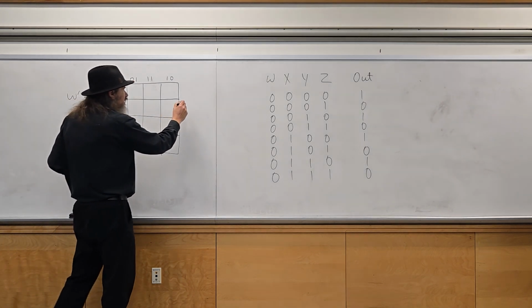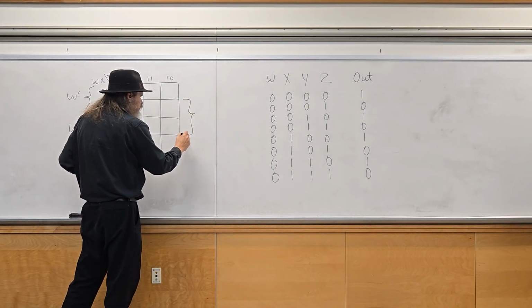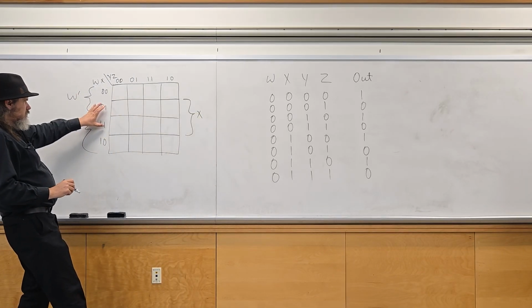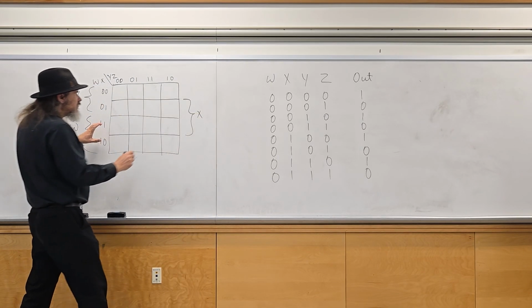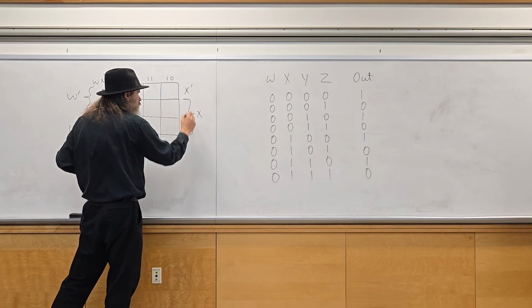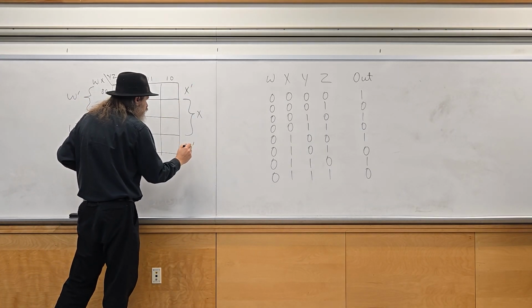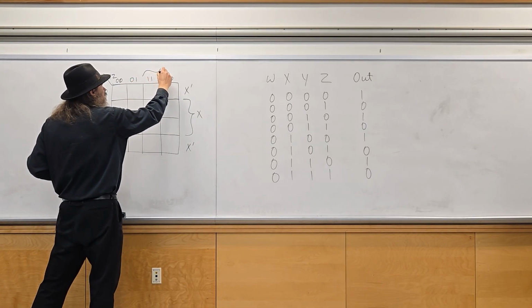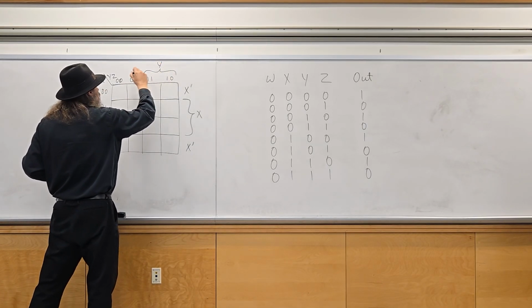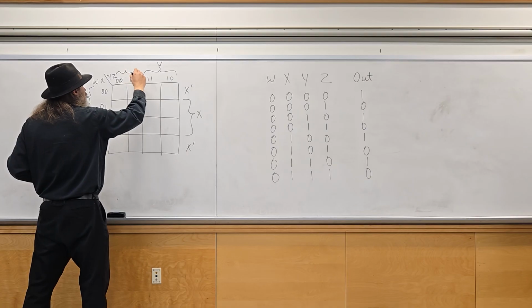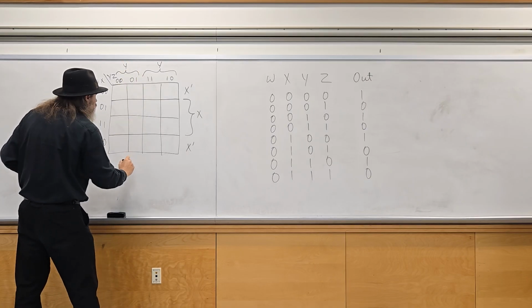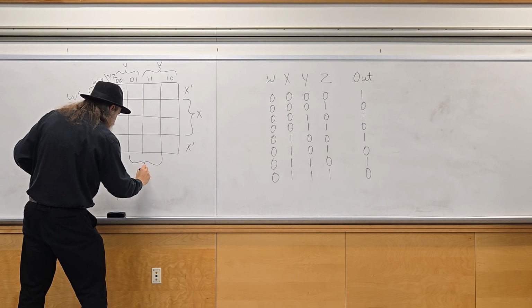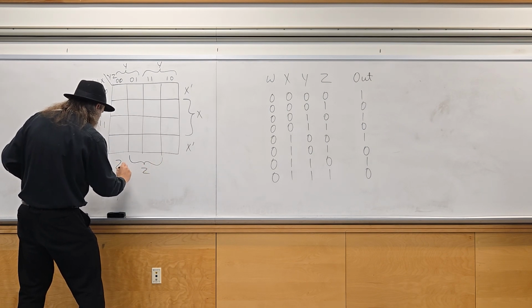You have X, because the 1's are here, and then the 0's for the X prime. You have Y, Y prime, Z, and Z prime.